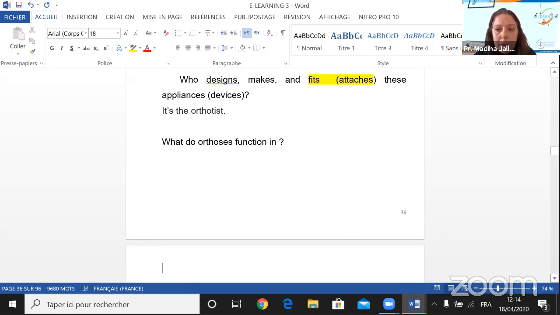Why are some people recommended to wear these orthoses, either splints or braces? We can have other names. Huh? No answer? No idea? To reduce pain?